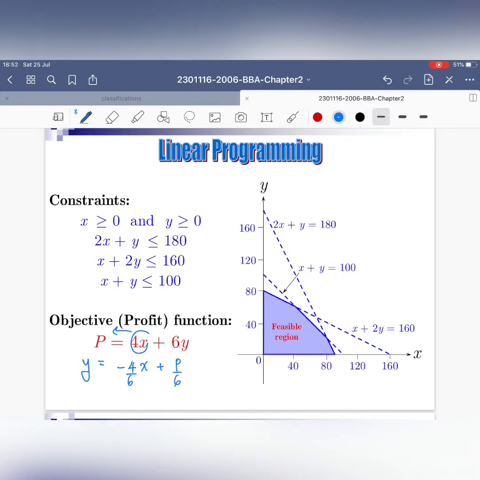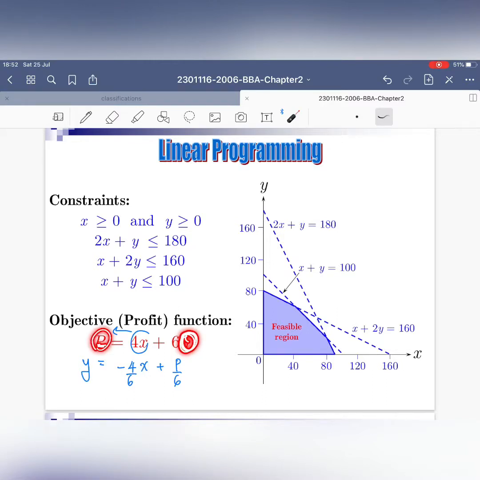So if your x is 0, your y is p over 6. So this is your y-intercept, right? If your y is 0, your x-intercept will be p over 4.